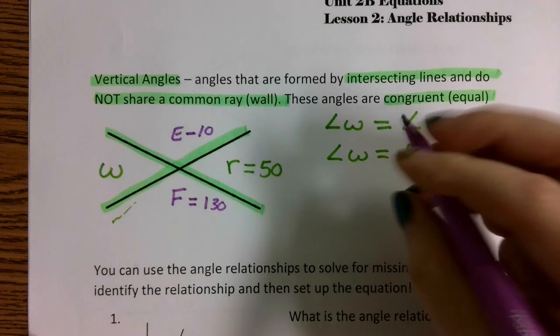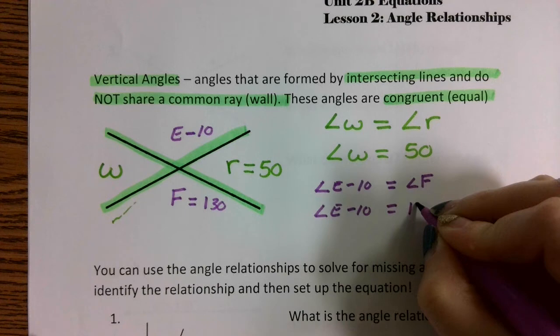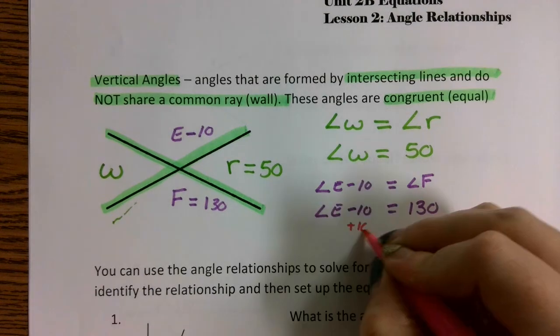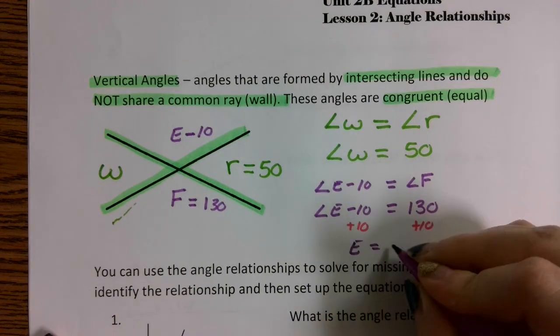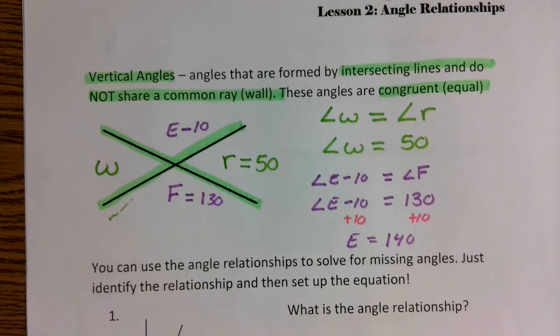Then when I create this equation, I know that angle E minus 10 is going to be equal to angle F. And angle E minus 10 is equal to 130. So how do I solve for the measurement of E? By adding 10. If I were to add 10 to both sides, then that means the value of E would be equal to 140. Does that mean that angle is 140? No, that angle is 140 minus 10, which is 130. Okay, that's what makes them congruent. These are two separate little things here.